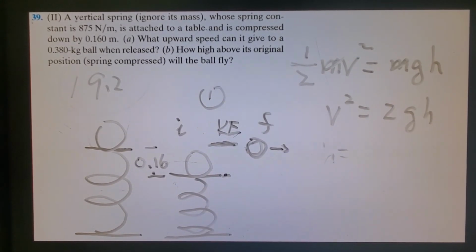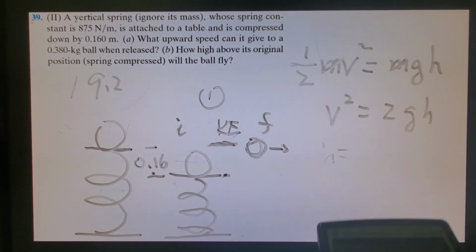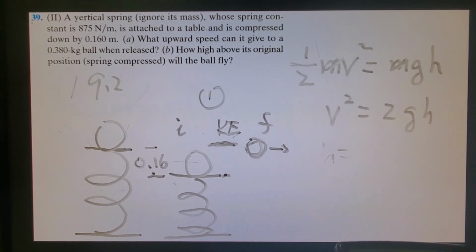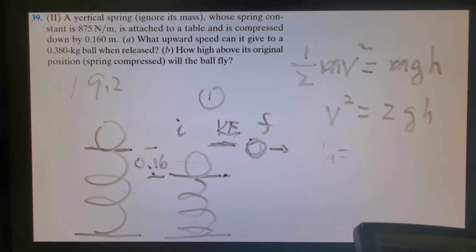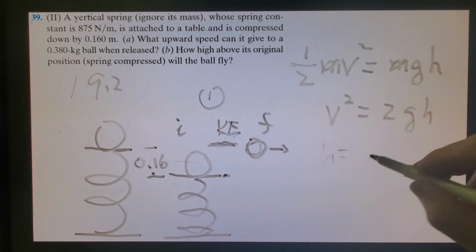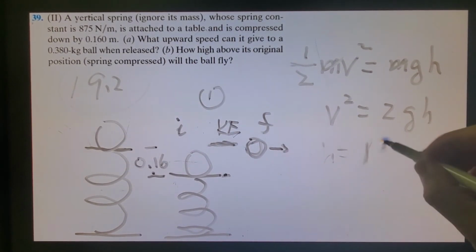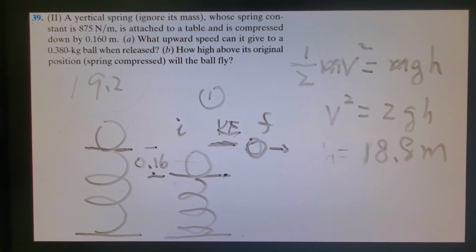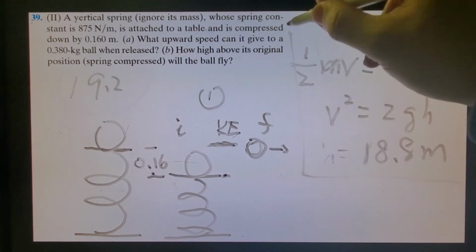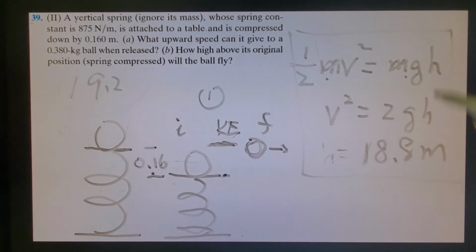I just plug it in and use my calculator: 19.2 squared divided by 2 divided by 9.8. So it will go up 18.8 meters high. All the kinetic energy will be converted to potential energy. By the way, the lucky number for this problem is 3.